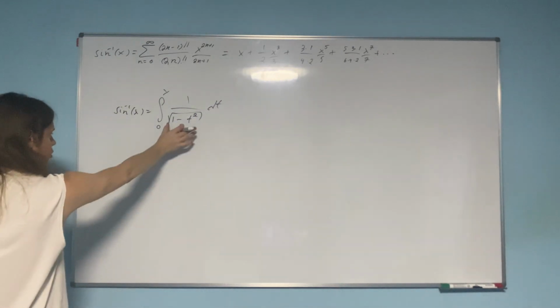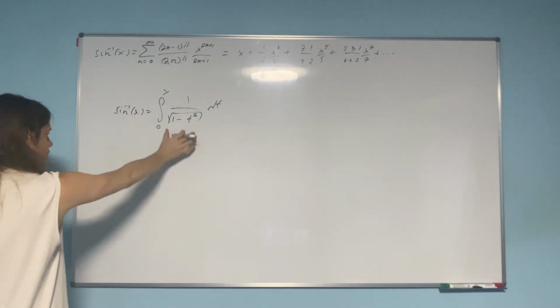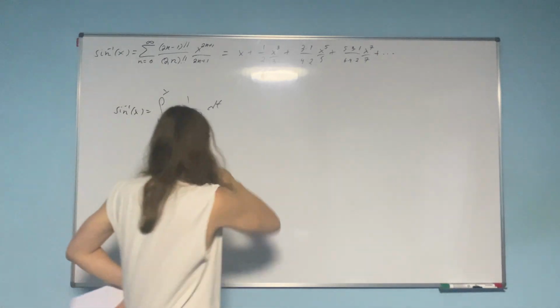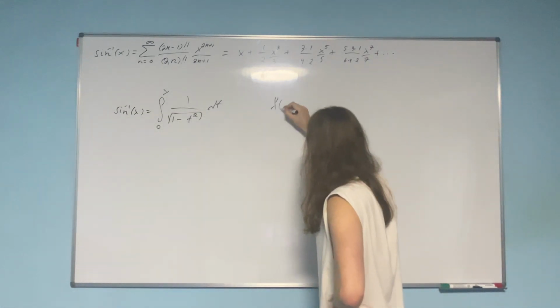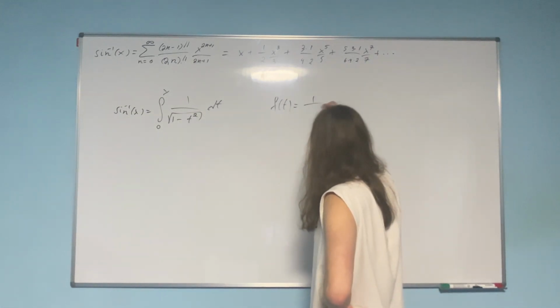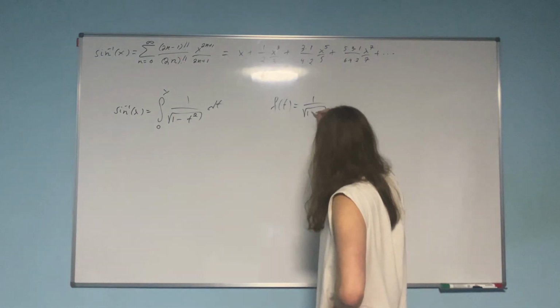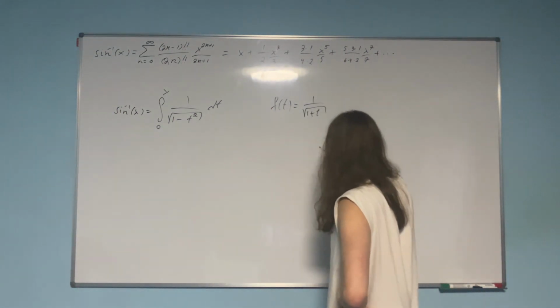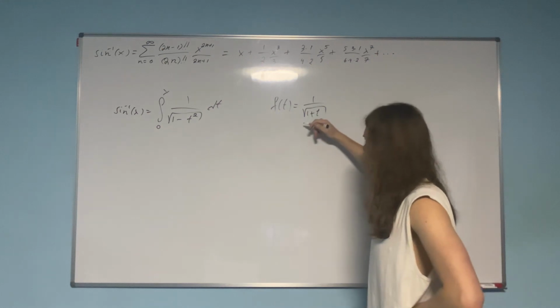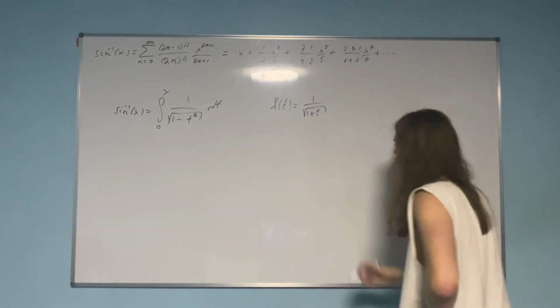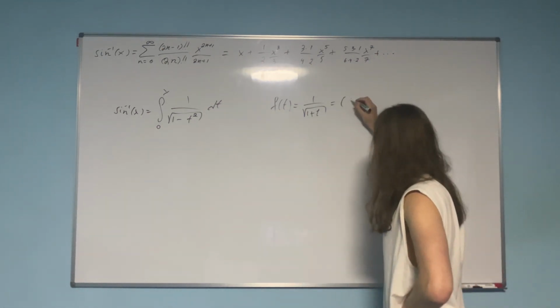So instead we should construct the Taylor series for this function, or not even this function. Let's construct it for 1 over the square root of 1 plus t, and then just replace t with minus t squared.